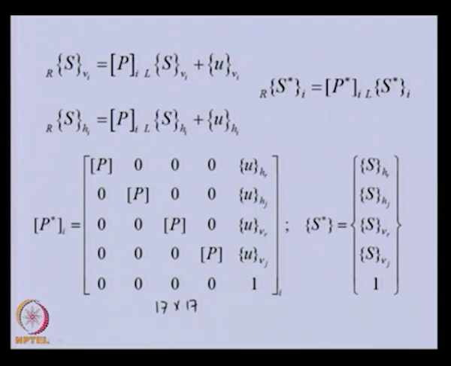You can see that the state vector for such a case is this in the horizontal plane, and these two in the vertical plane, the real part and imaginary part. So, the size of this state vector is again 17 into 1. This will be the same for the field matrix state vector also.